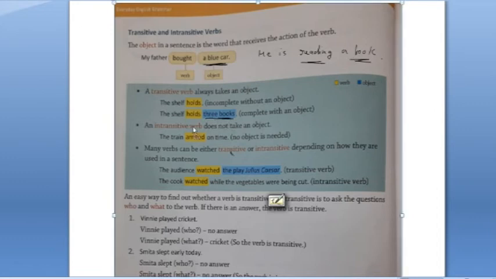An intransitive verb does not take an object. Here intransitive means it does not have any object. The train arrived on time. Arrived is our verb, and there is no object after this verb.